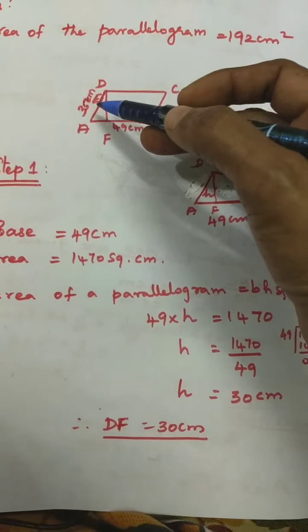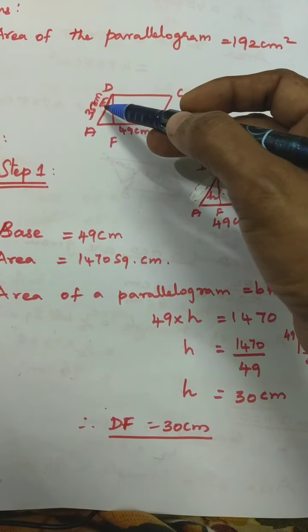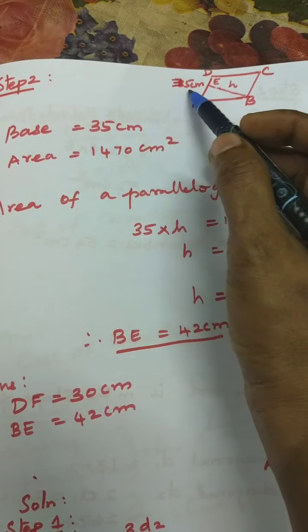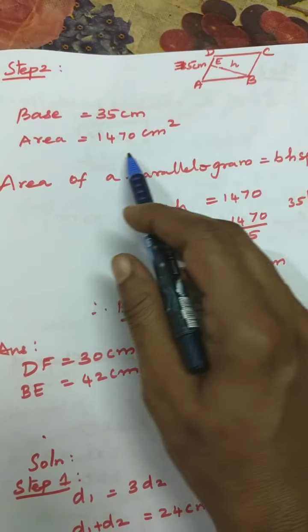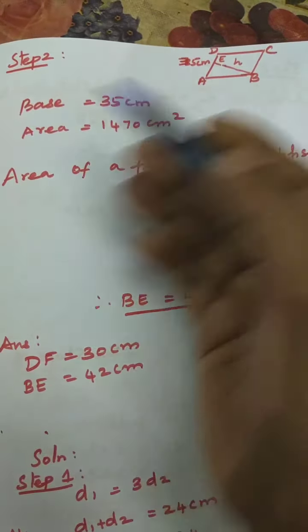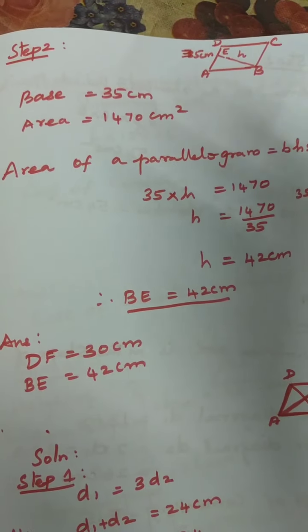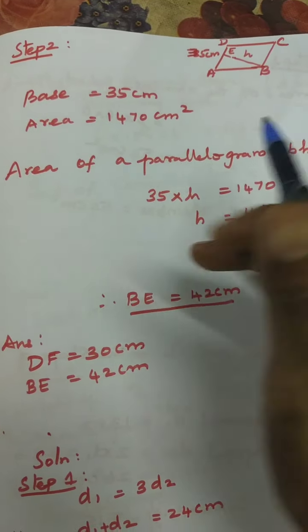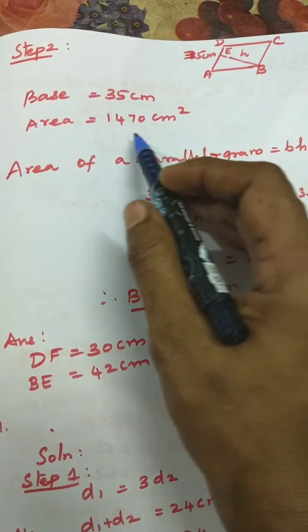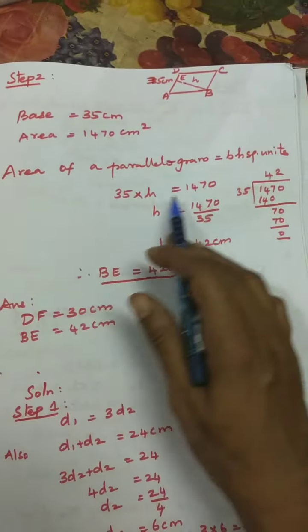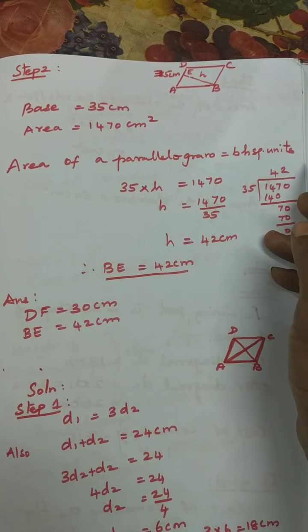Then we shall take the next one, this BE height. For that the base is 35 centimeter, and the area is the same. These two heights are inside the one parallelogram, so the parallelogram area is 1470 centimeter square. The area of the parallelogram is equal to BH square units.